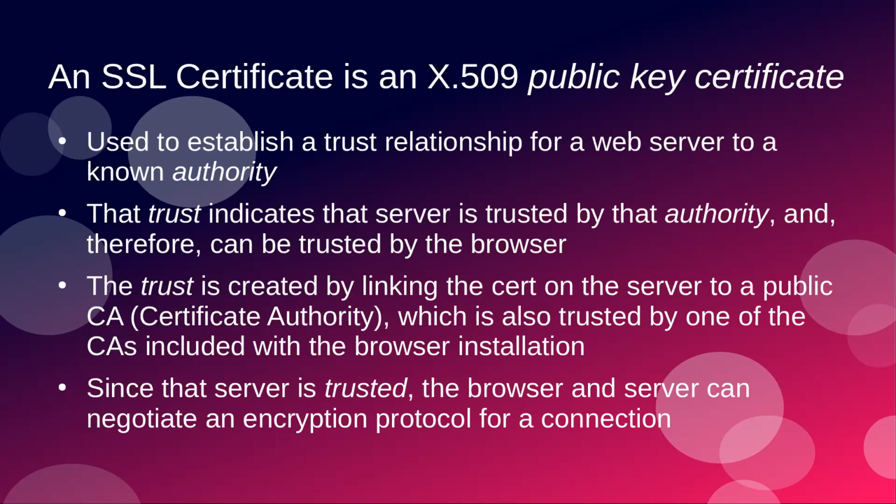So that list of CAs included with the browser is dynamic. It gets updated on a regular basis, at least with the browser, sometimes also in between. So at that point, the server you're talking to is trusted. The browser and server can negotiate a protocol and a key pair for the connection. One of them sends half the key to the other side. It's used to encrypt the connection, and then the browser decrypts it.